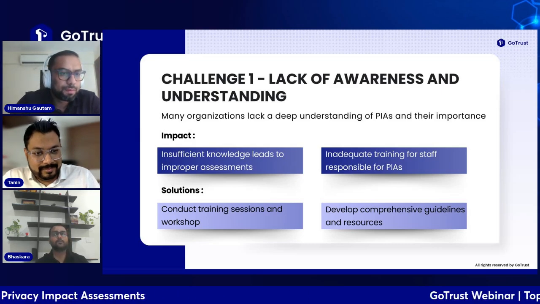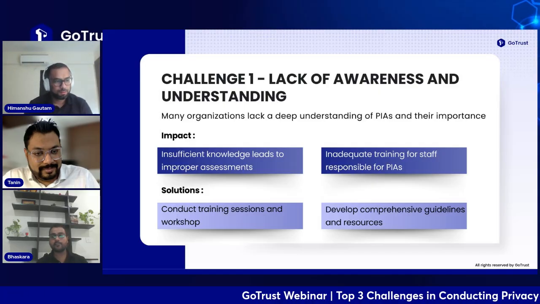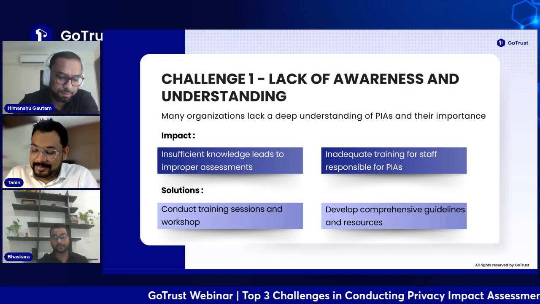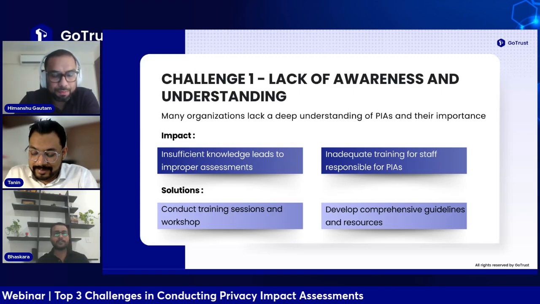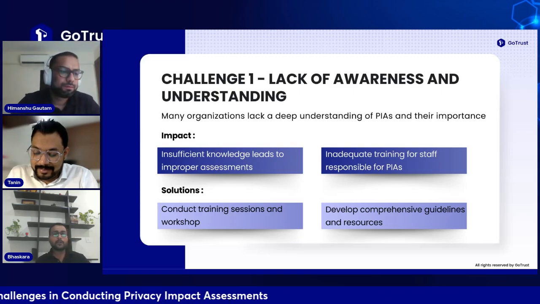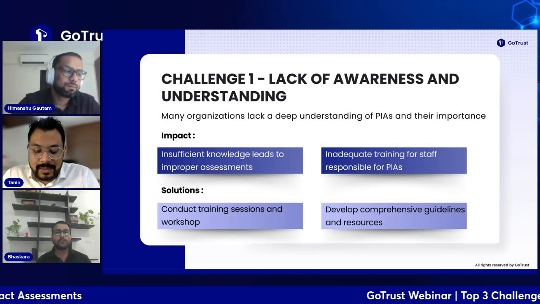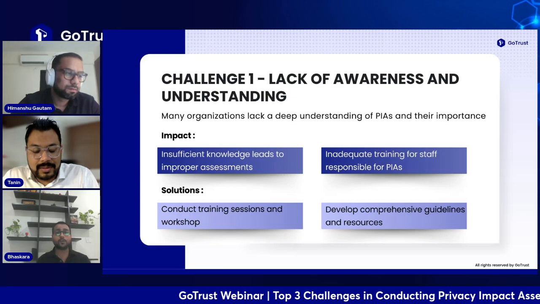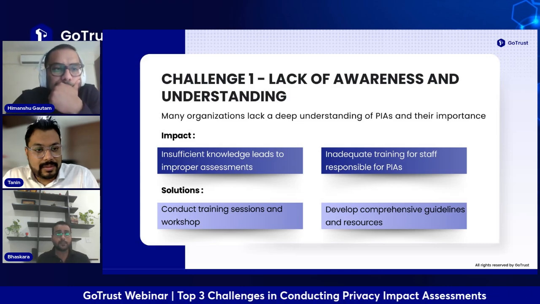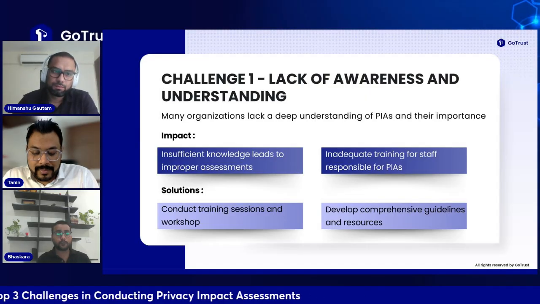Okay. So the first thing is understanding where you need the PIA. That's the starting point of conducting a PIA. One of the best ways that I've seen so far is plugging the PIA into business processes themselves as a privacy checkpoint. If anyone is trying to start a new process, procure a new solution, or a new solution is being developed in house, the first question would be: is personal data processing involved or not?